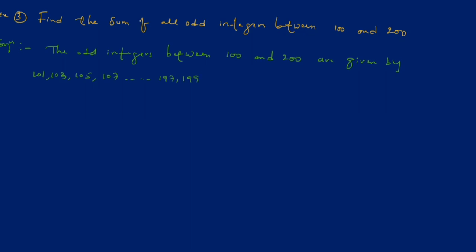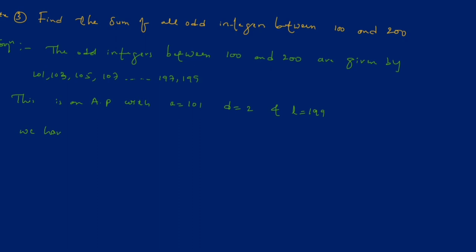So this is an AP with a equals 101, d equals 2, and the value of l is 199, right?